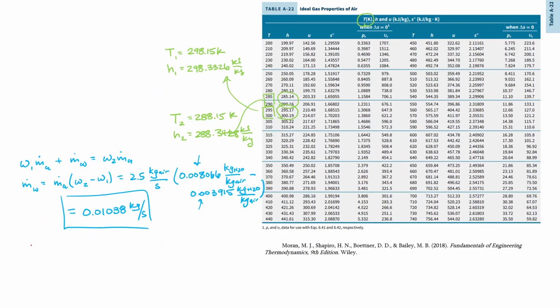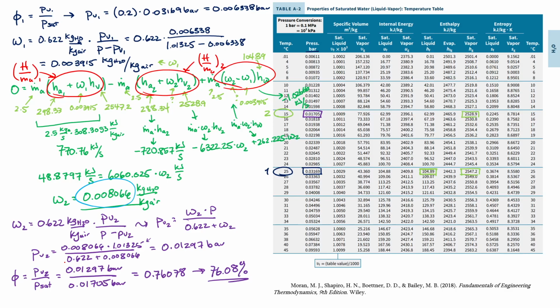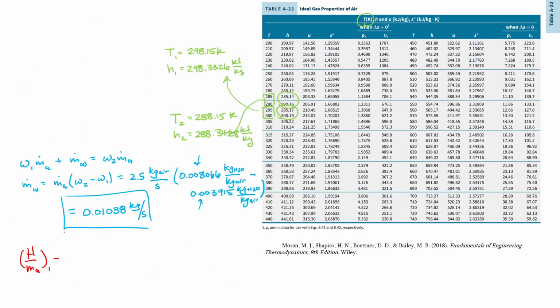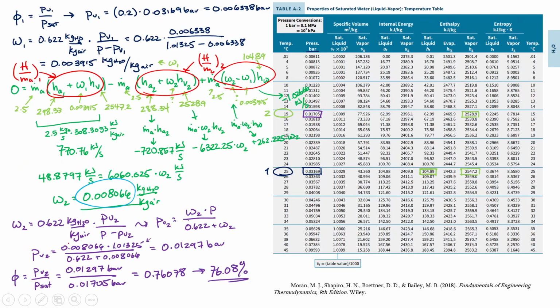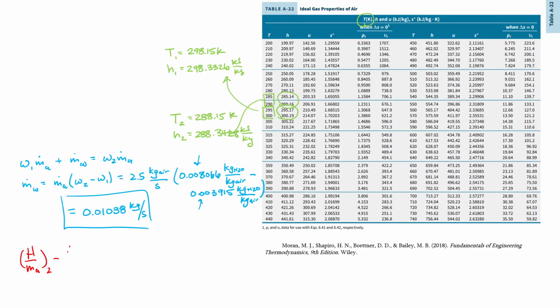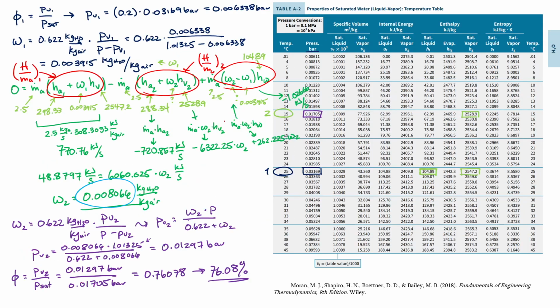So H divided by MA at state 2 minus H divided by MA at state 1 is going to be equal to, sorry, I did this with my mass flow rates originally.